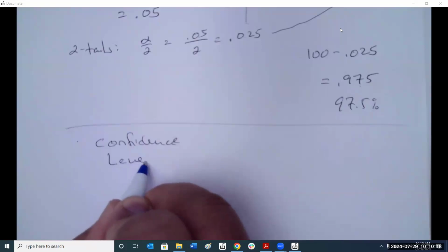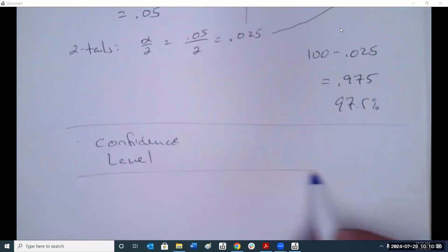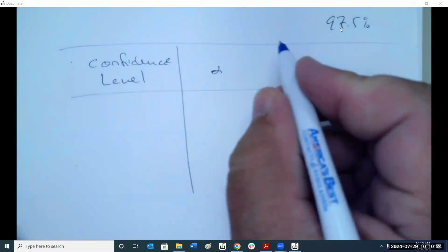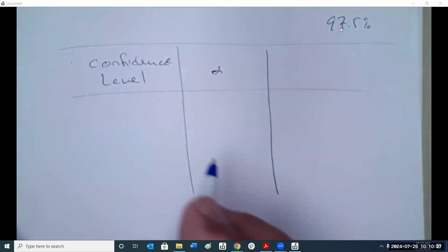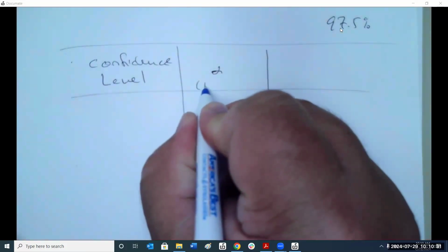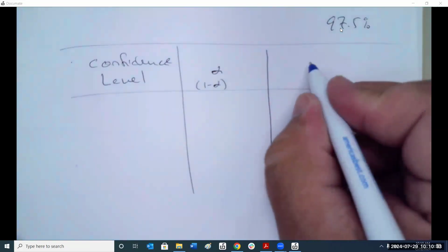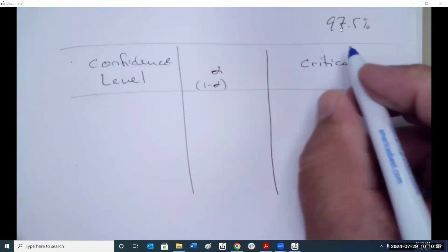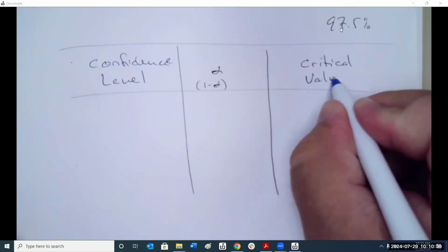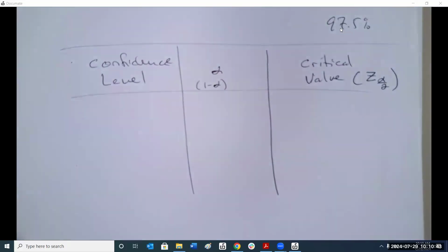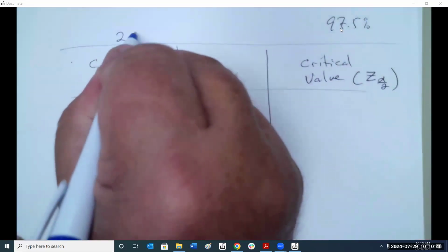We have a confidence level. We're going to have what level we're looking at. This is 1 minus alpha. This is our z alpha over 2. We're doing this for two tests, two tails.